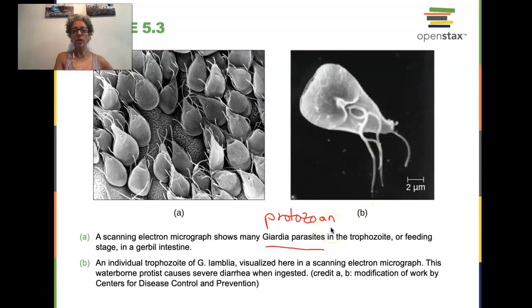Giardia we saw in one of our earlier lectures. It's Giardia lamblia. It is eukaryotic. It is a protist or a protozoan. Here it is on a gerbil intestine, but it would look just like this in us if it were on our intestines. And so we have dozens upon dozens, if not hundreds or thousands, of the parasite attached to the intestinal lining.